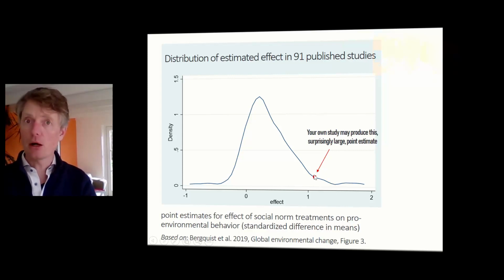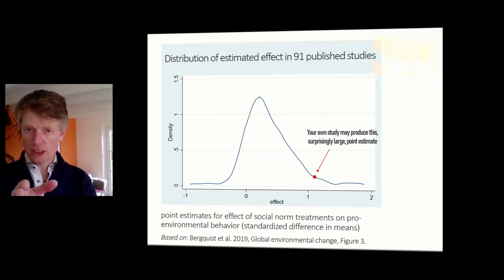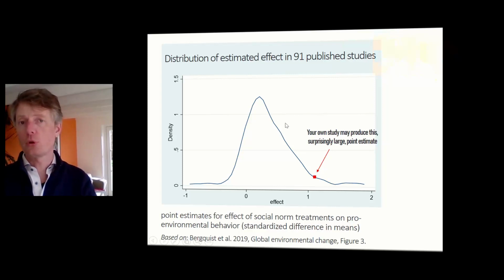It's surprisingly large, actually, but it's perfectly possible. There's a good chance of finding such an effect, but it doesn't necessarily mean that we now should totally adjust our posterior towards this value of like 1.2, right? Because you could have also found an effect on the other side of the curve, or sort of here around the median.